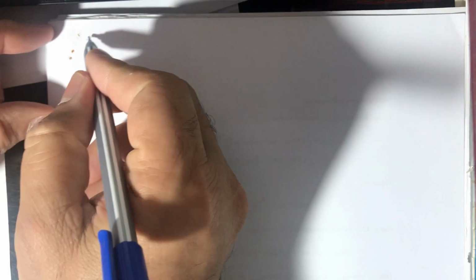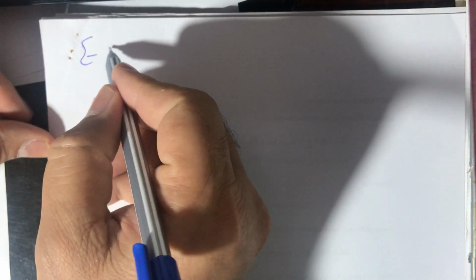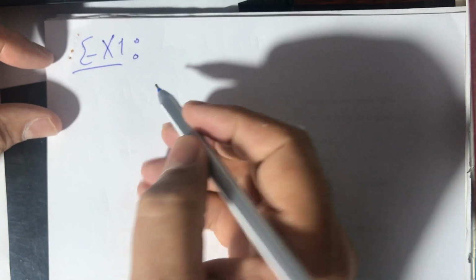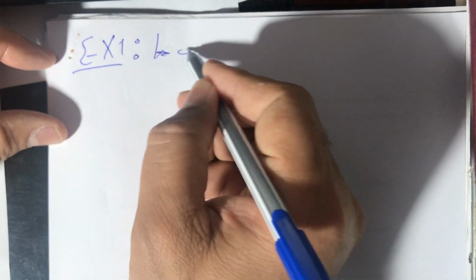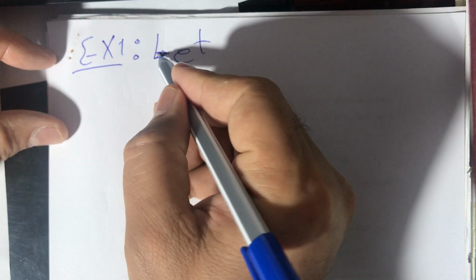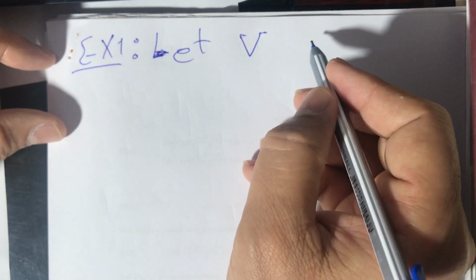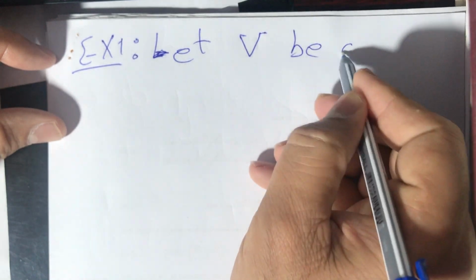And now we take examples about subspace. Example 1. Let V be a vector space.